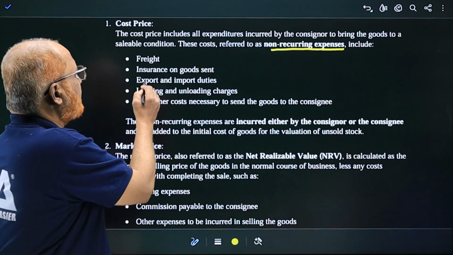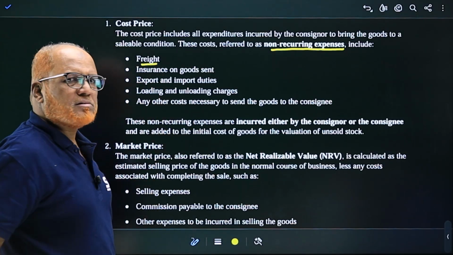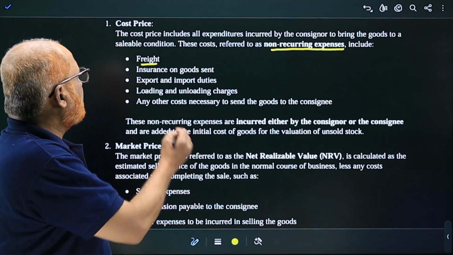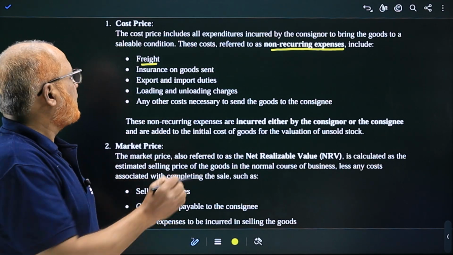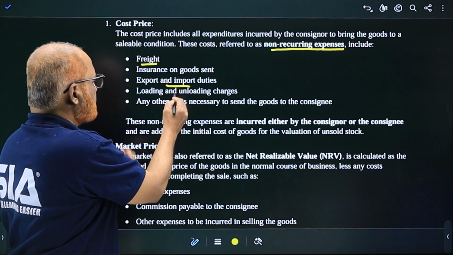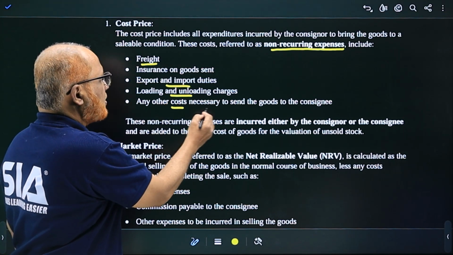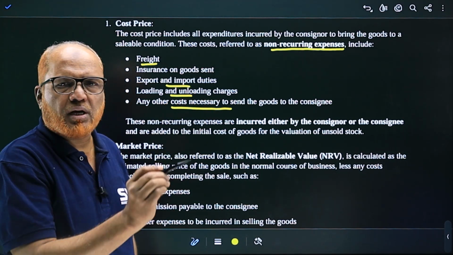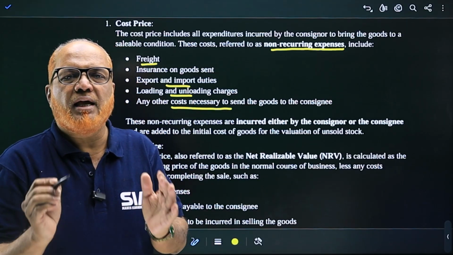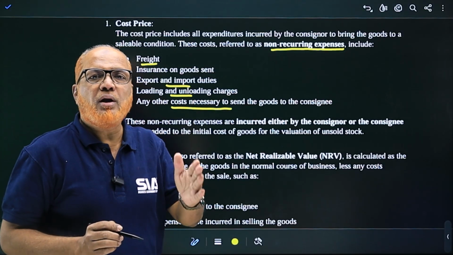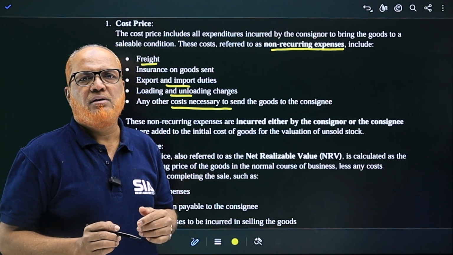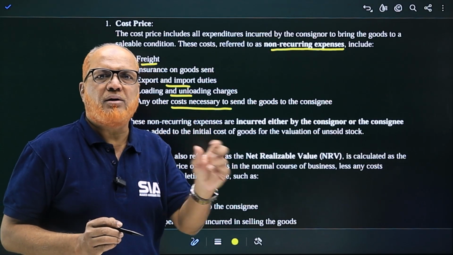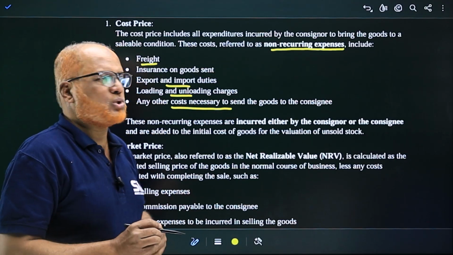So here it includes the freight. Freight means transportation charges, then insurance on goods sent, which is paid only once. Then export and import duties, loading and unloading charges, and any other cost necessary to send the goods to the consignee. These are examples of non-recurring or direct expenses, and they should be a part of the value of unsold stock.